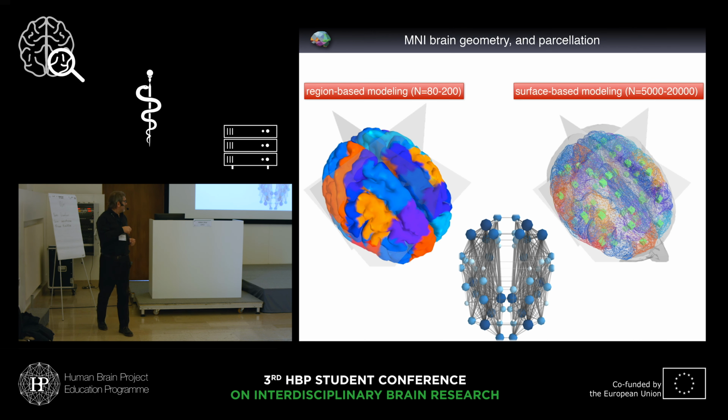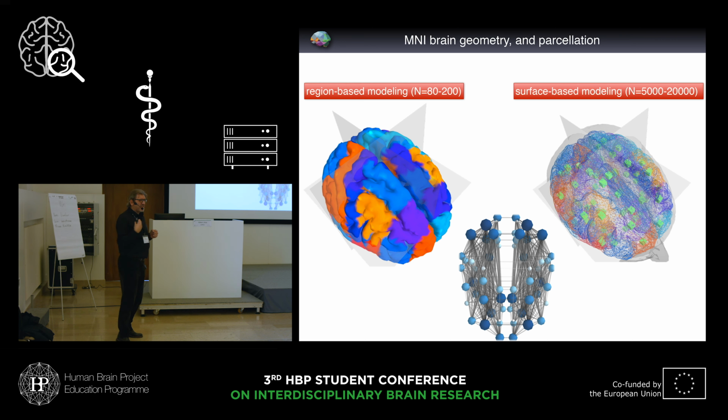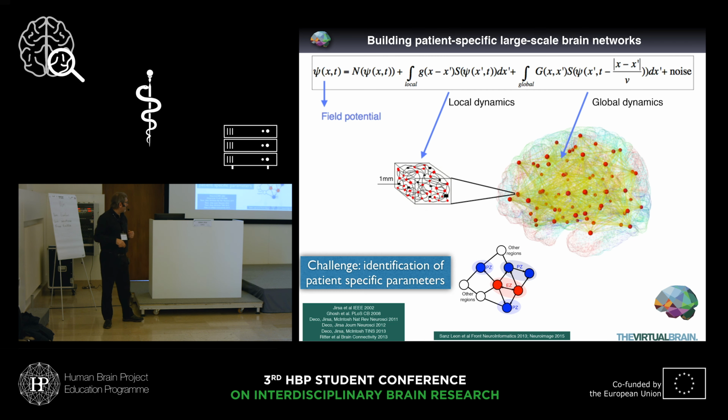And in our hands, either we do region-based modeling, then we have up to about 200 of these nodes, or we do what we call surface-based modeling. The biggest published right now is about 28,000, where we also have to take into account nearest neighbor, intracortical, within gray matter connectivity, and the large-scale connectome determined by the white matter fibers.